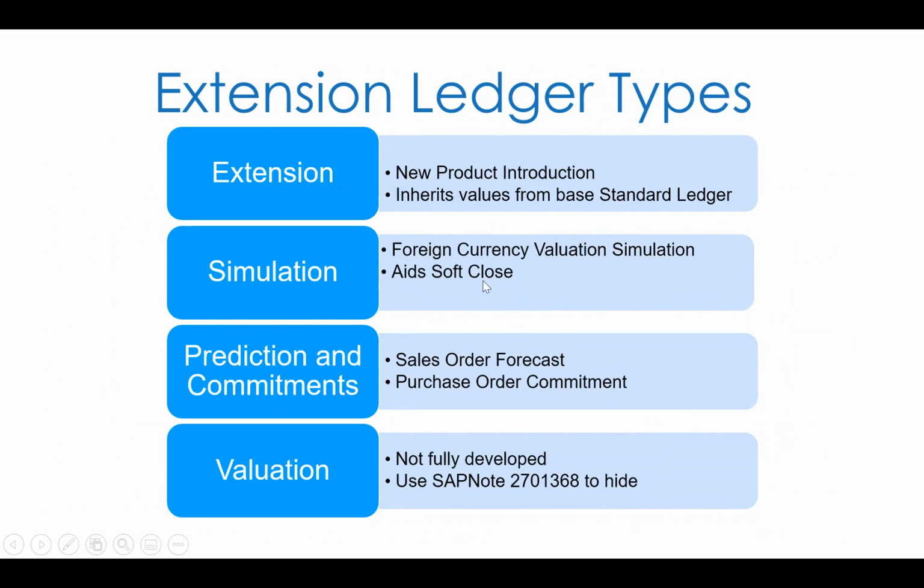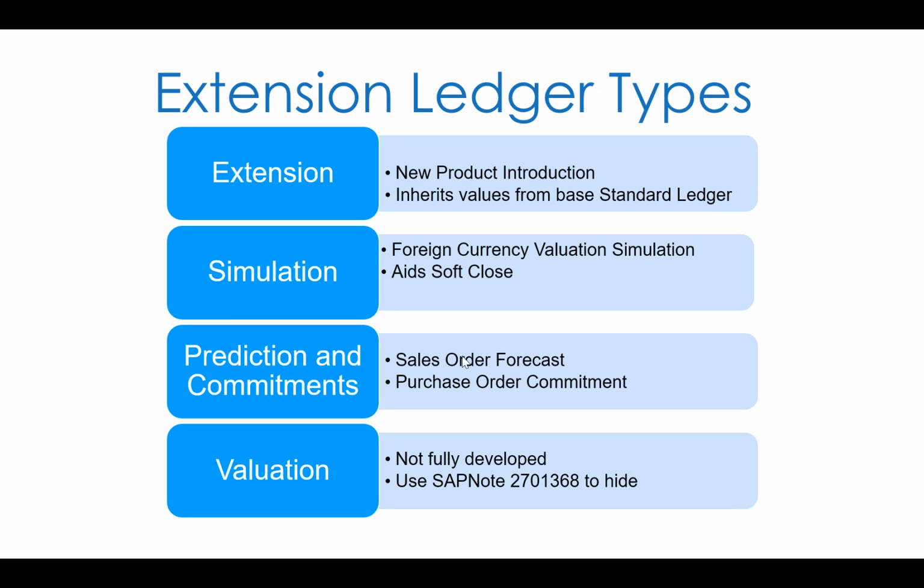If you look at these three, you can tell they have the same type of overall objective. Instead of waiting till the end of the month or a certain point of time, you can easily do simulations with these extension ledgers, and you're doing it in real time, and it's also integrated with the Universal Journal.